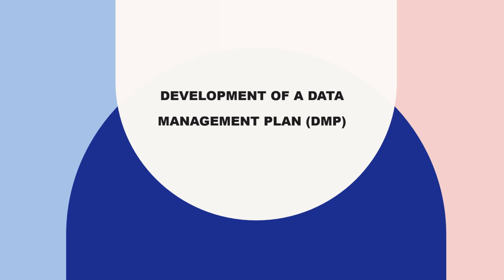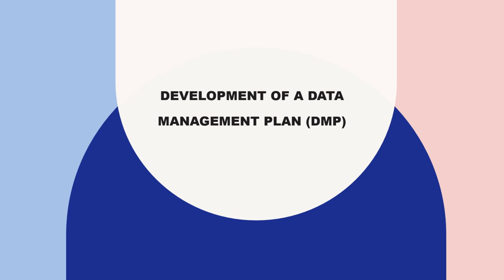The components of a DMP vary depending on the specific research project, but they typically include a description of the data, a description of the data management procedures, a description of the data storage and preservation plans, a description of the data access and sharing policies.